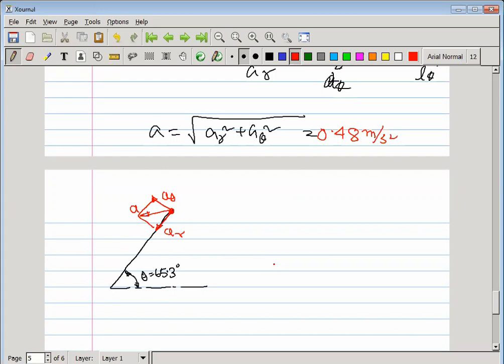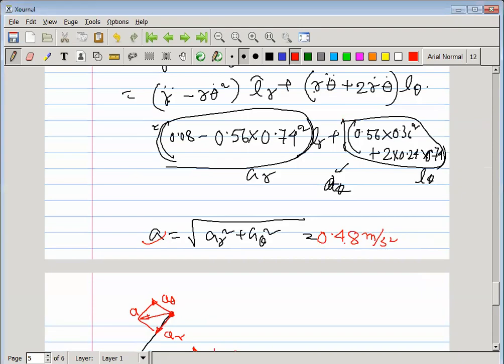From this calculation we can find that at 65.3 degrees of movement of the slider, at t equal to 3 seconds, the slider moves this amount of angle, and creates this amount of acceleration and velocity, whose individual components, a r and a theta, you can also find easily. Okay, is it clear? And for the velocity also, same.